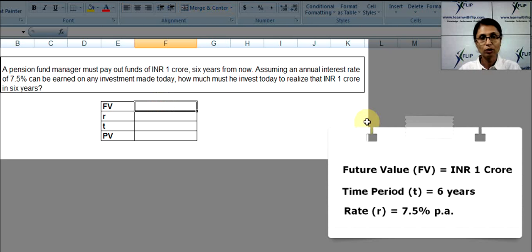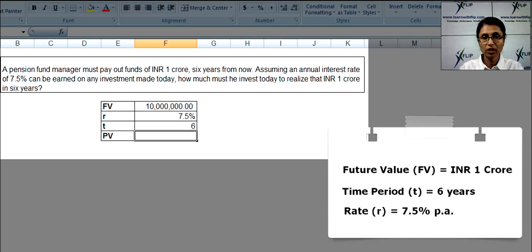So let's use this little table. We have 1 crore, which is 100 lakhs. What is R? It is 7.5%. Then what is T? 6.